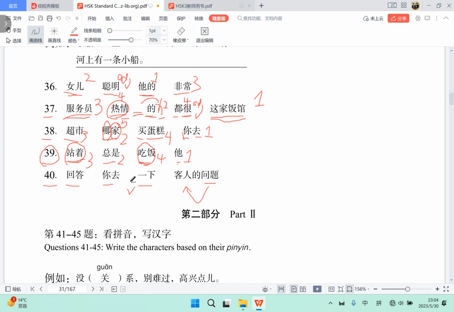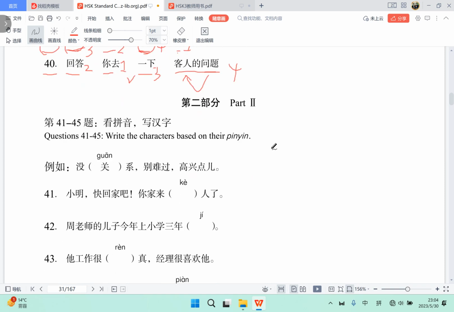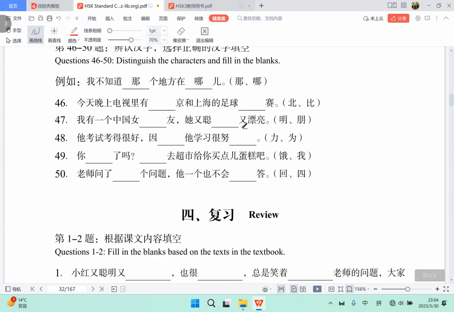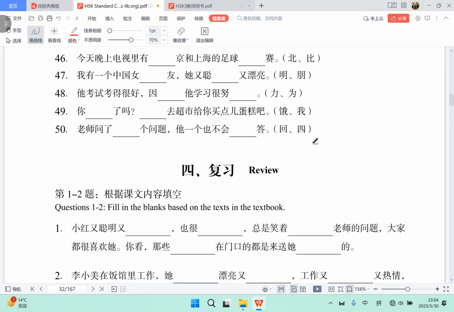So it could be 你去一下回答客人的问题 or 你去回答一下客人的问题, and to me the better one is 你去回答一下, so you go to and do what? To answer the customer's question. So more properly, 你去回答一下客人的问题.